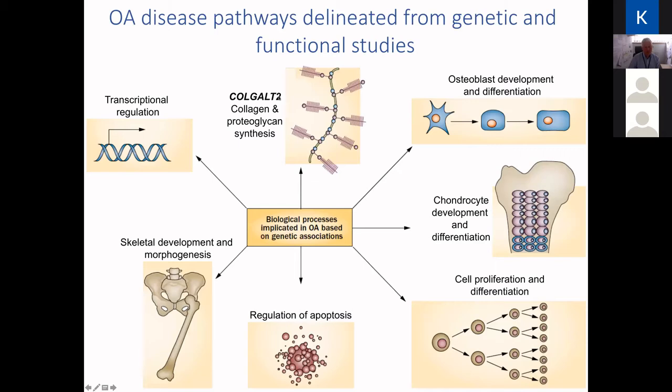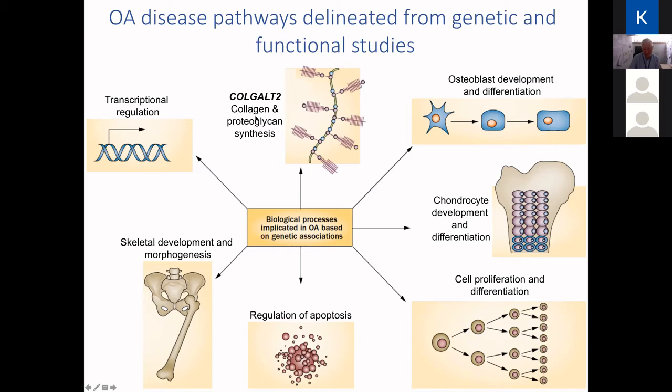The other thing that we're starting to do, and others have done plenty of this, is to take the signals identified through these genetic studies and see where they reside in pathways. Do we begin to notice particular pathways emerging from these types of studies? For example, COLGAL-T2 is involved in collagen synthesis. So that's one pathway that does appear to be impacted in OA genetic studies.